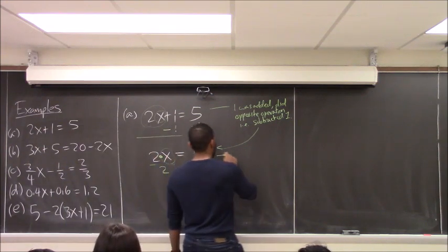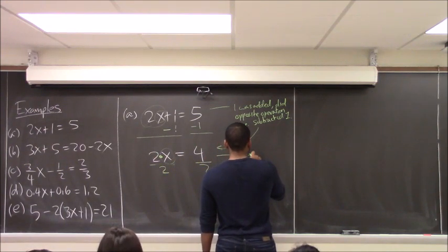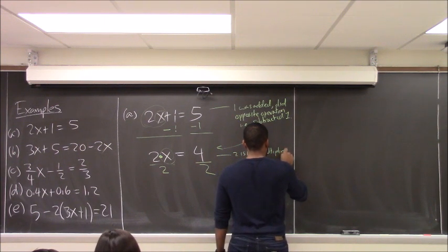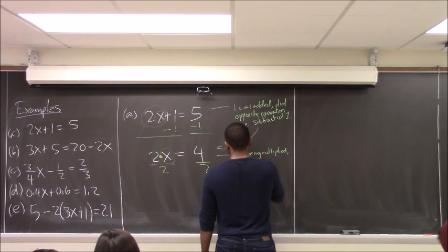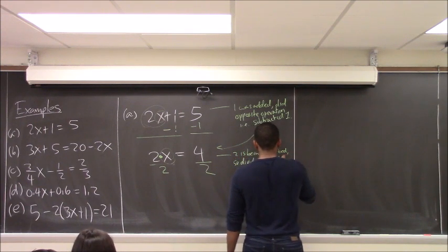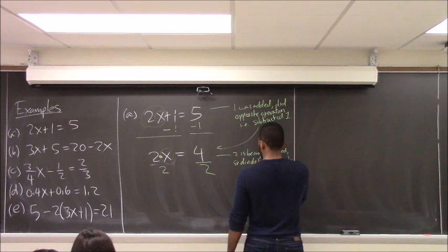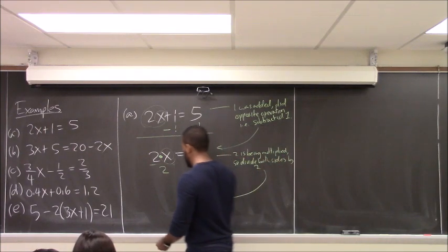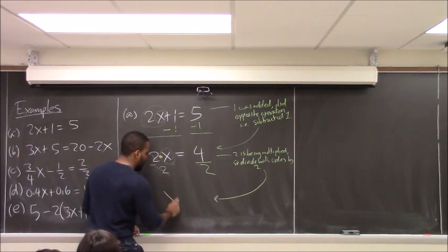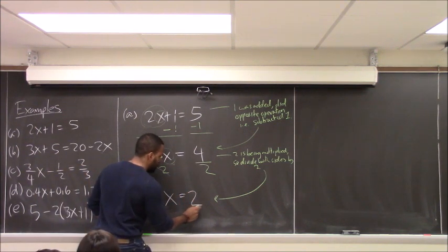I realize that 2 is being multiplied, so divide both sides by it. Here the 2's would cancel, and now I would have x equals 4 divided by 2, which is 2.